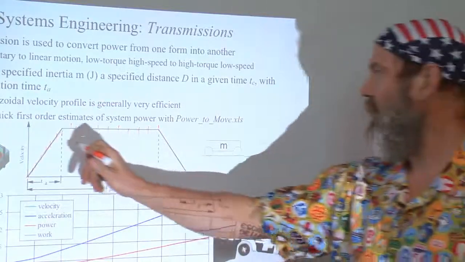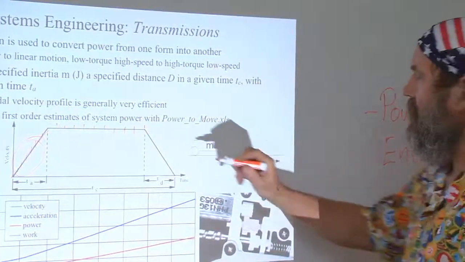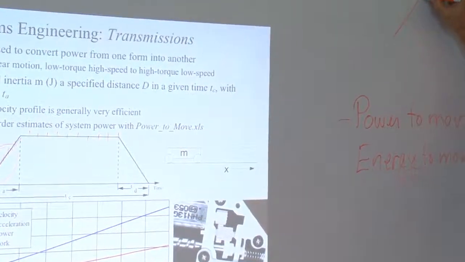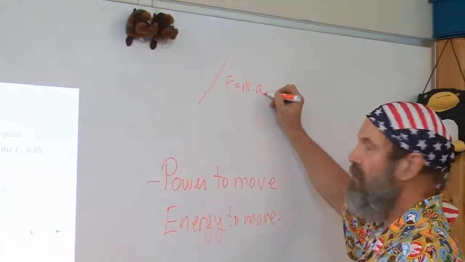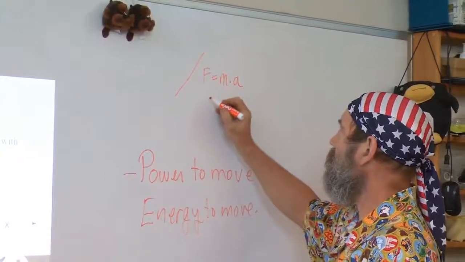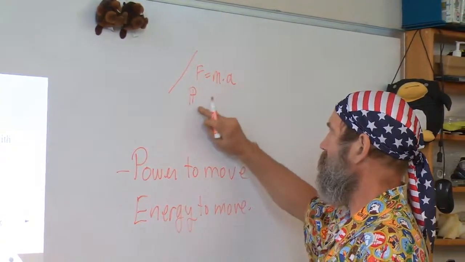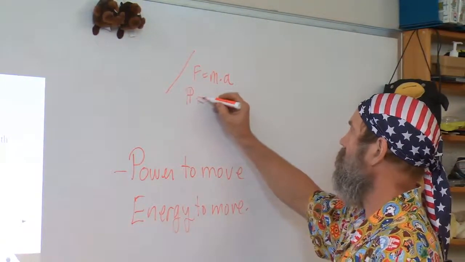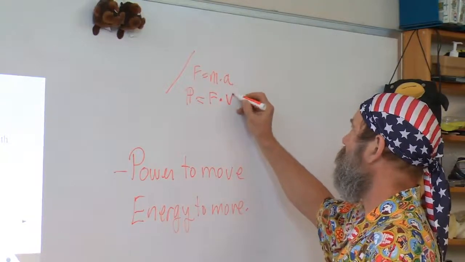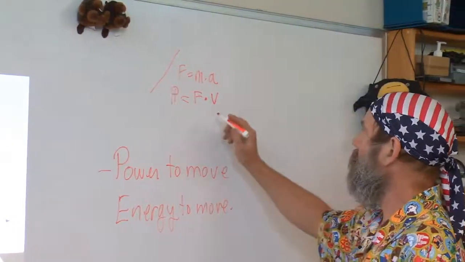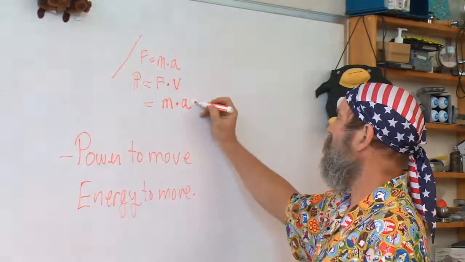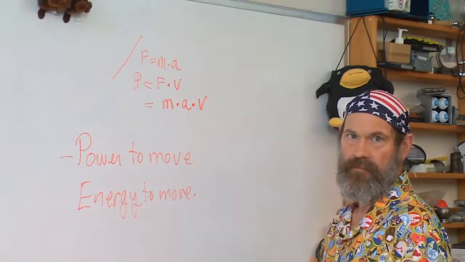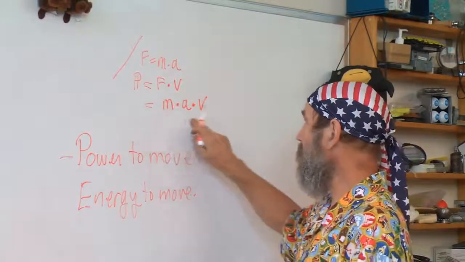So in this first part, where F equals mass times acceleration, power equals the force times the velocity. So that is going to equal the mass times acceleration times velocity is the power.